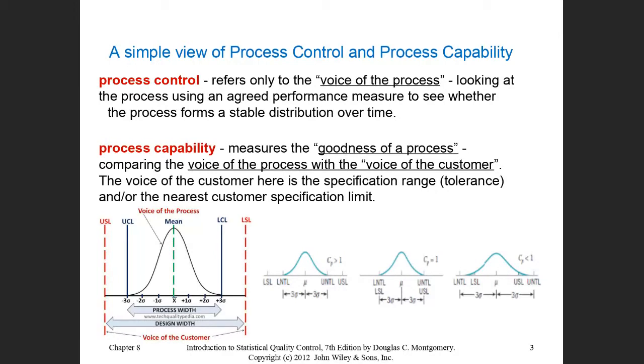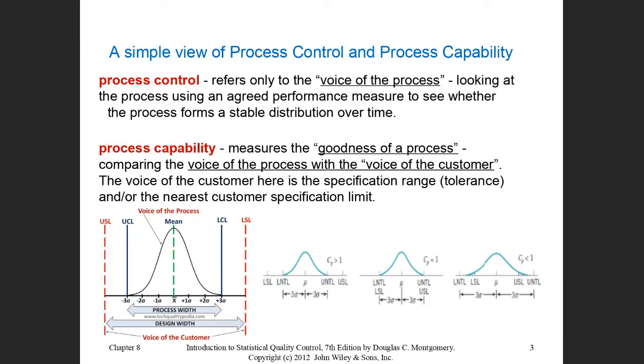What is the voice of the process? It means the process's natural variation, how it performs. It shows the process performance and how it is distributed among the agreed performance measures.